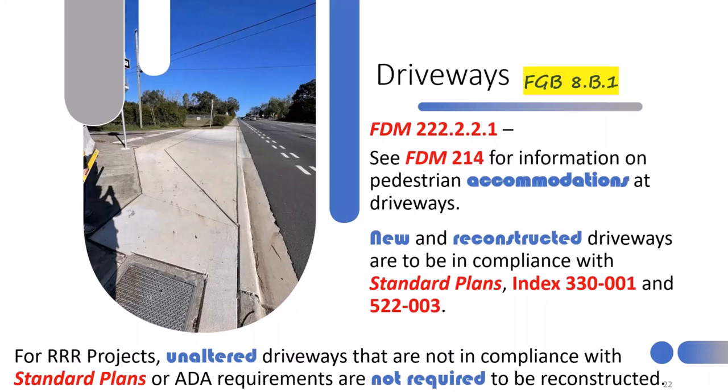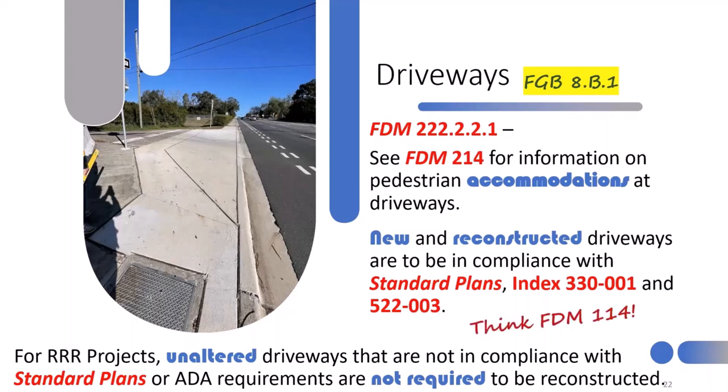But if it can be improved with zero or negligible impact to scope, schedule, and budget, I would encourage our district to include that in the scope from the beginning. But we understand that's not always possible, and these are the conditions that must be met at that time.